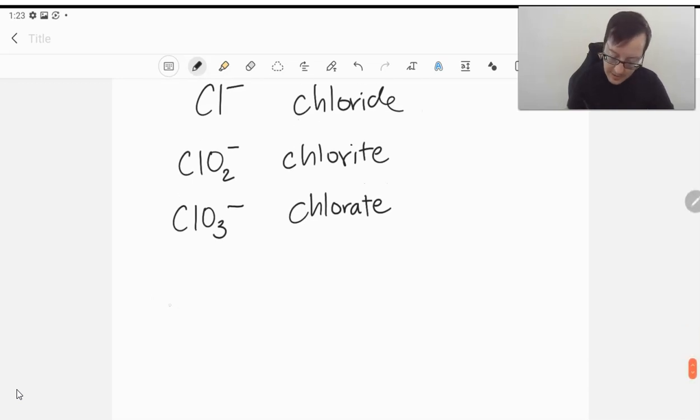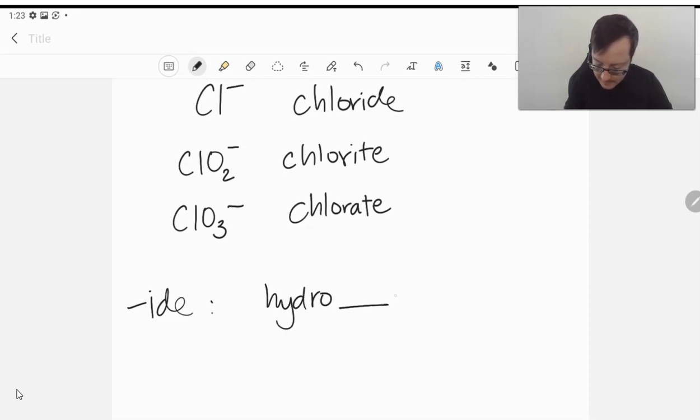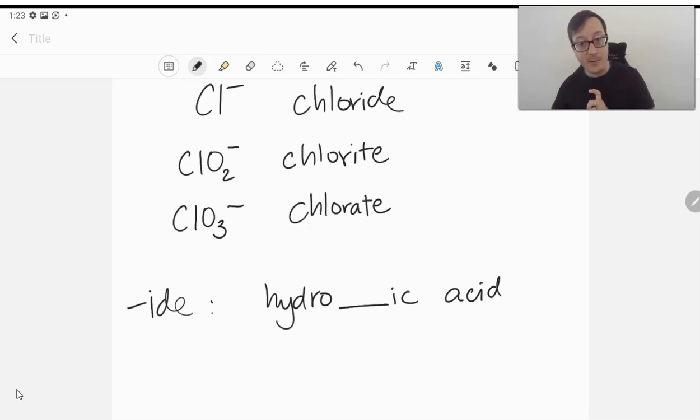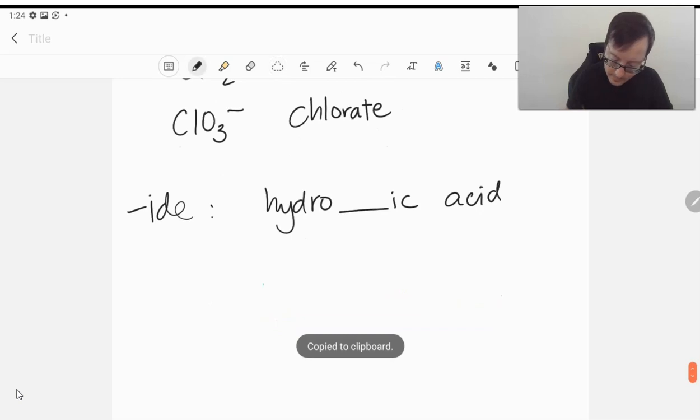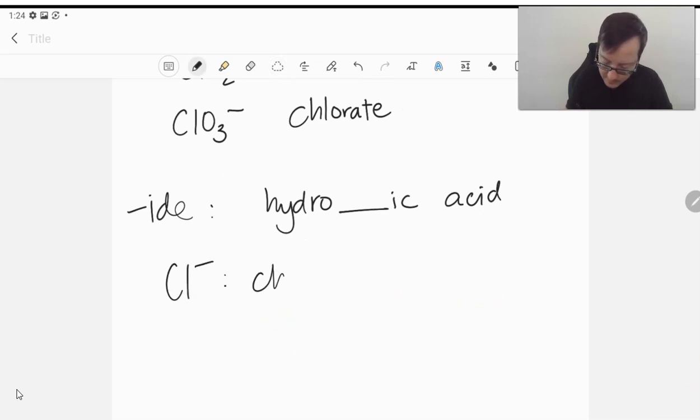So for ide endings, we're going to call it hydro-blank-ic acid, where the non-ide part of your name goes in that blank. For example, Cl-, which is chloride.